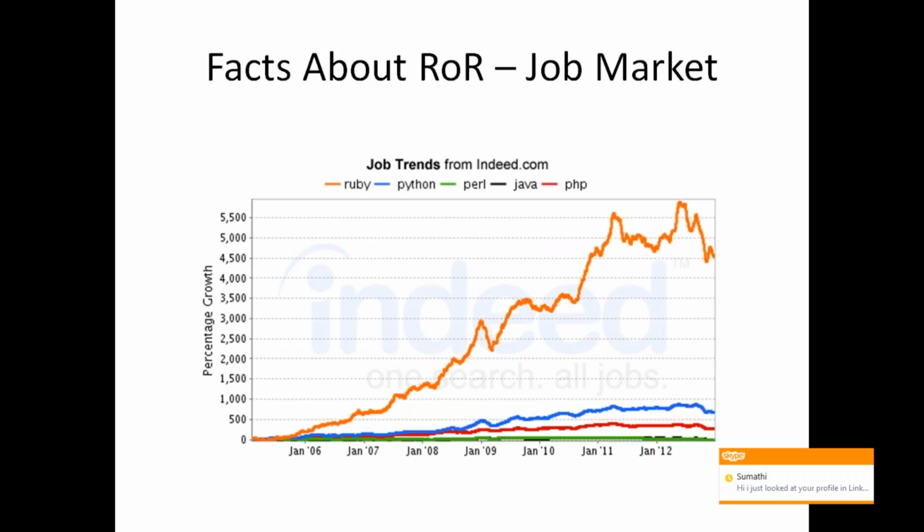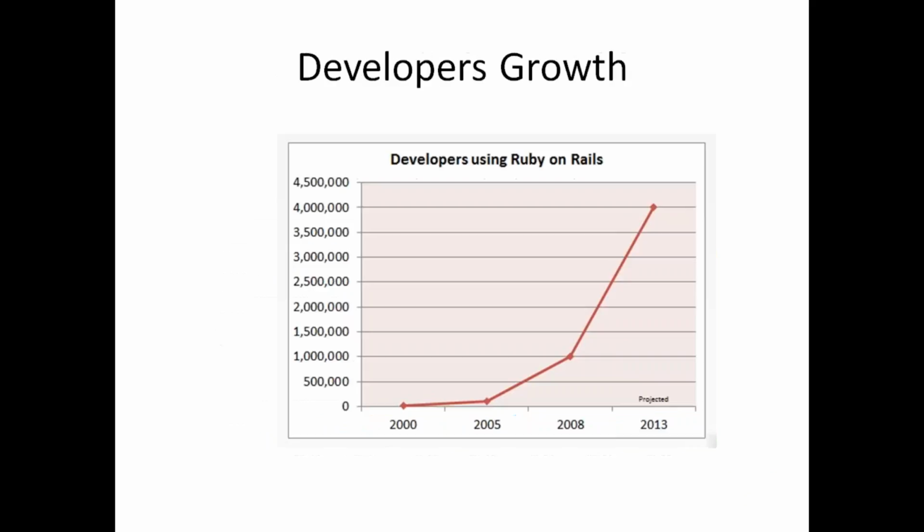I have taken this from Indeed.com. You can check it by yourself as well. These are some statistics I'm showing. And whenever you are talking about the developer growth of Ruby on Rails, nearly around 2013, 2 or 3 years back, nearly 4 billion people are using Ruby on Rails.